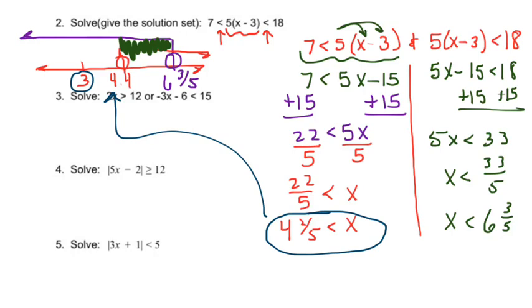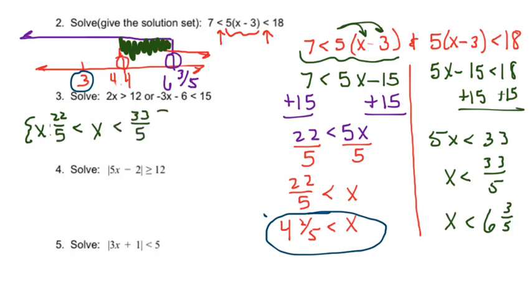So to write our final solution set, if we want to put it in set notation, it's going to look as follows. It's a set of all x values where x is greater than, and I'm going to use the fractions, 22/5 and less than 33/5. Okay.